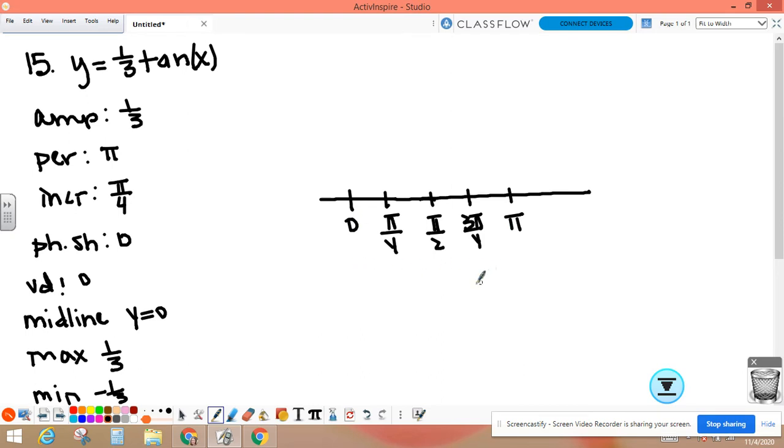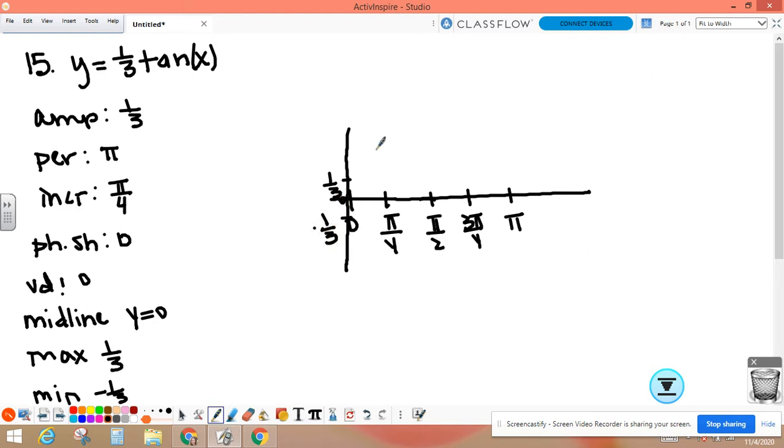And so you've covered a whole pi, or 180. All right, so the y-axis goes through 0, and we need to go up to 1/3. This is going to take forever. Okay, up to 1/3. And down to negative 1/3. And then you have 0.